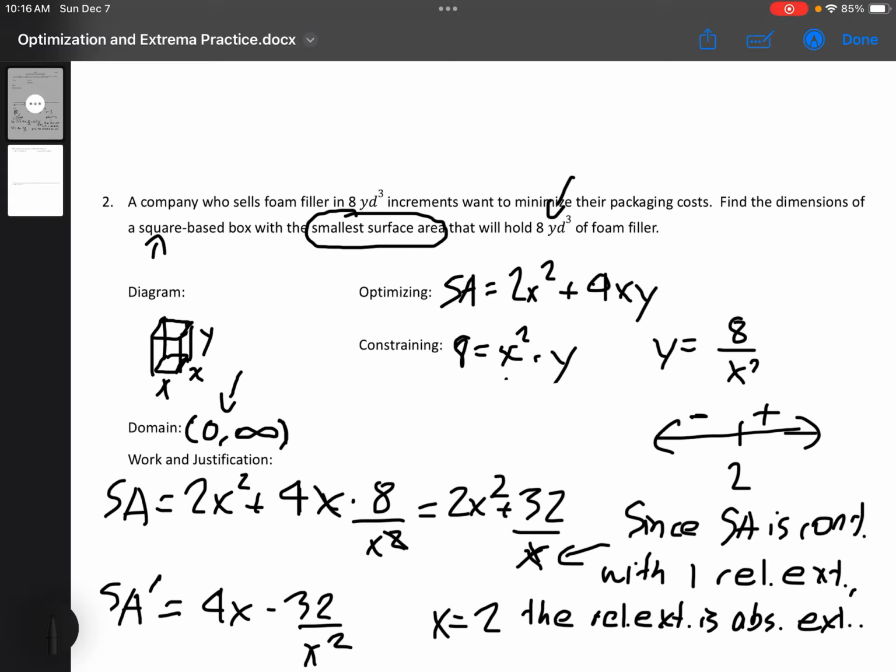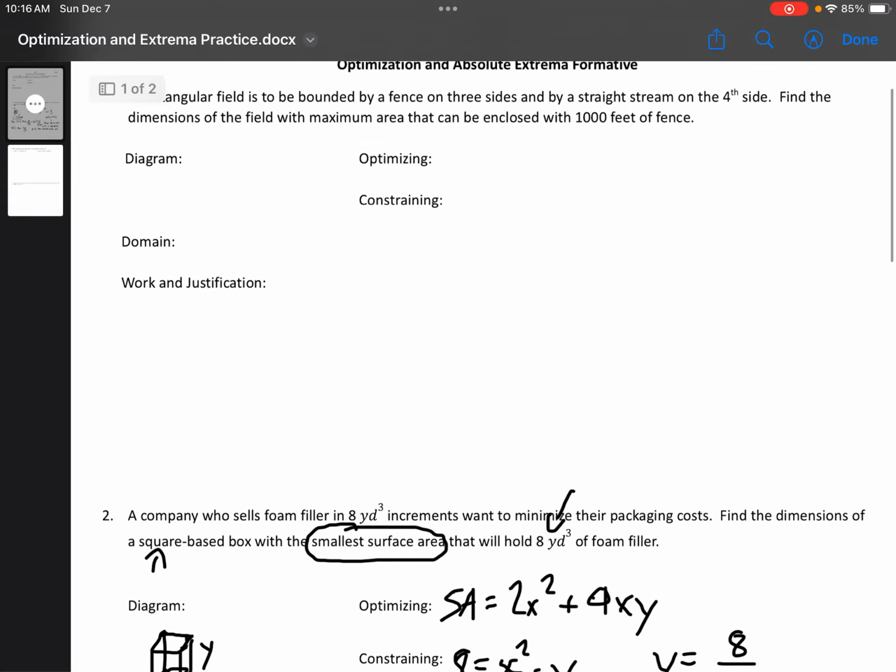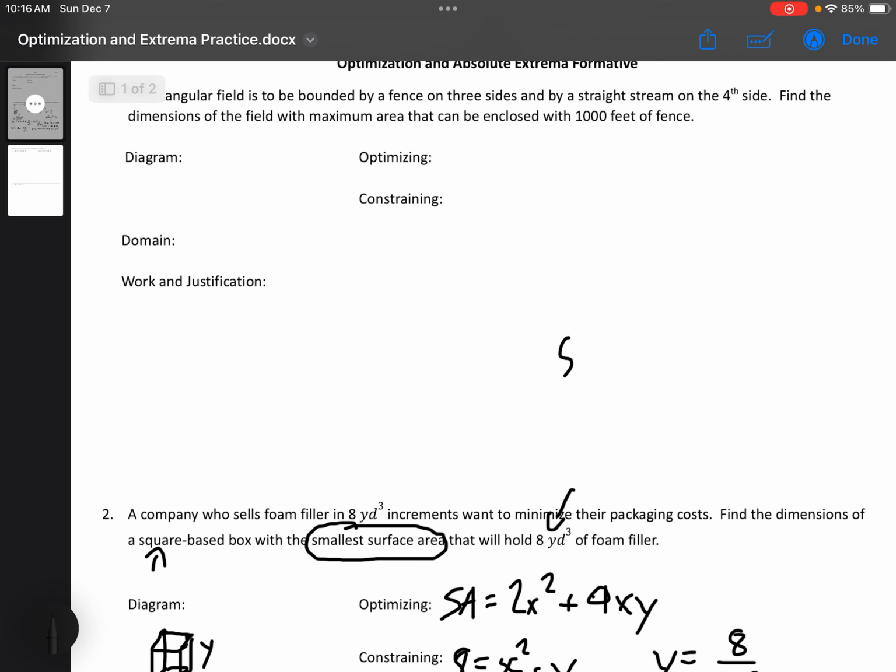So the relative minimum at x equals 2 is an absolute minimum.